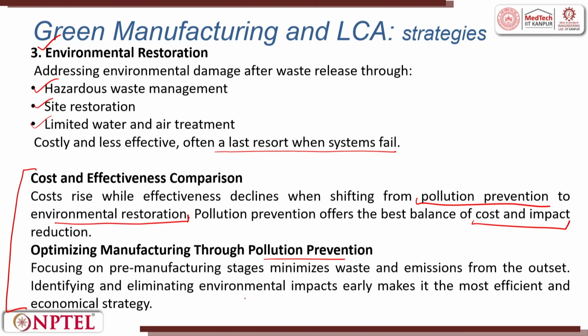Identifying and eliminating environmental impacts early makes it the most efficient and economical strategy. That is, when we eliminate in the design phase, we are majorly focusing on prevention only. Prevention is better than cure. This phrase always holds true.